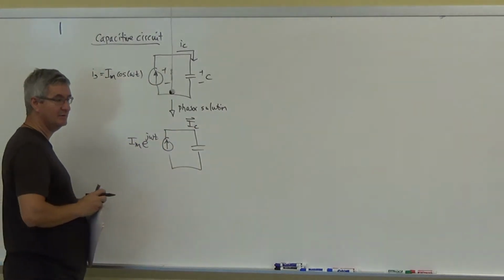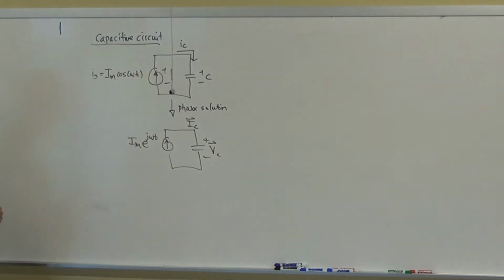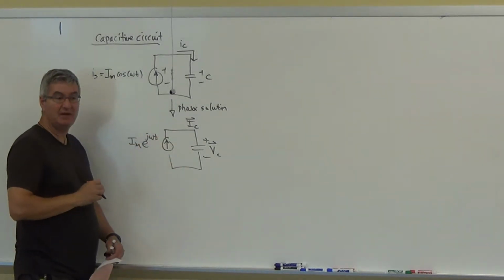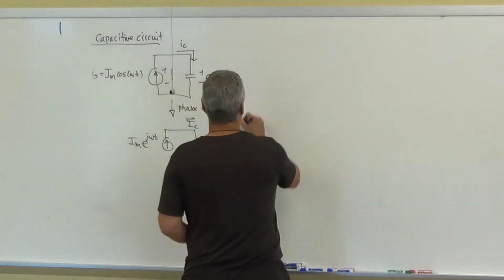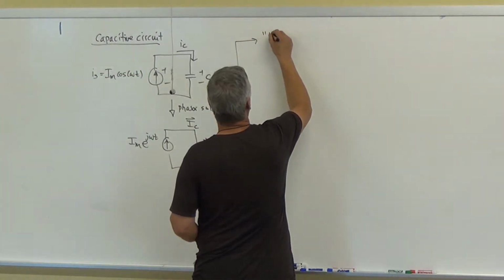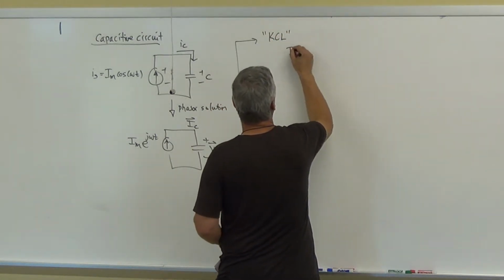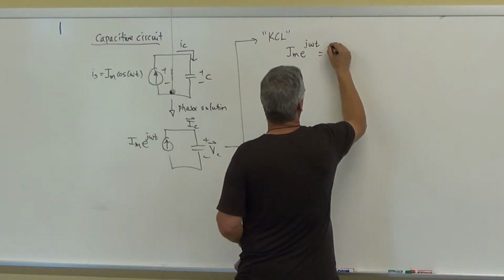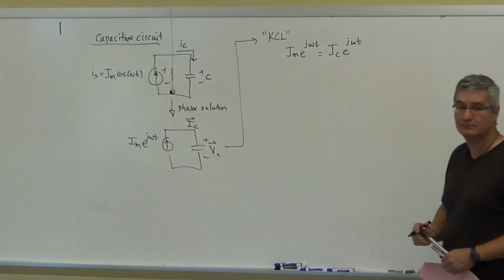That looks like that. And I have some voltage drop across this. So clearly, the current of the current source must be exactly the same as the current of the capacitor. So if I think of KCL, the current of the source must equal the current of the capacitor. It has to be identical.